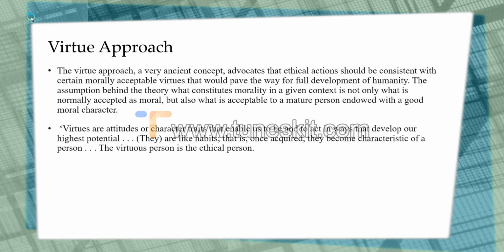The virtue approach, a very ancient concept, advocates that ethical actions should be consistent with certain morally acceptable virtues that would pave the way for full development of humanity. The assumption behind the theory is that what constitutes morality in a given context is not only what is normally accepted as moral but also what is acceptable to a mature person endowed with a good moral character.